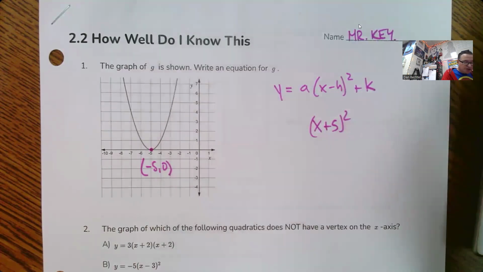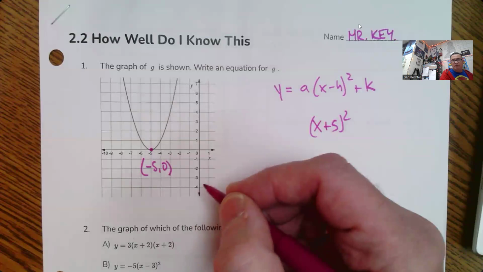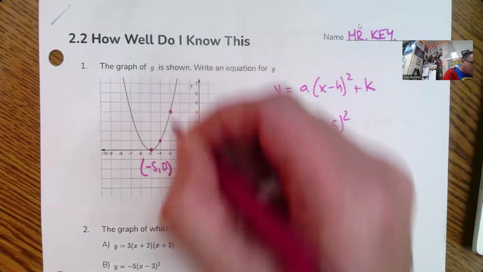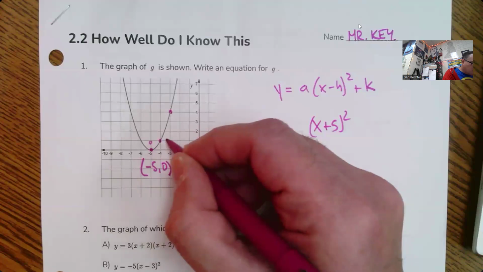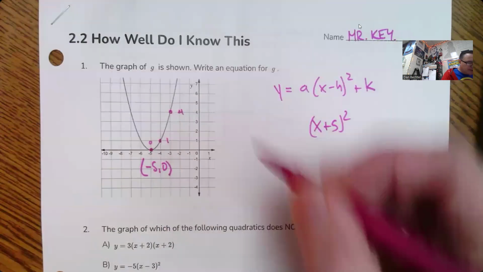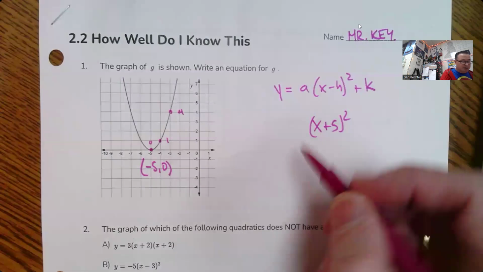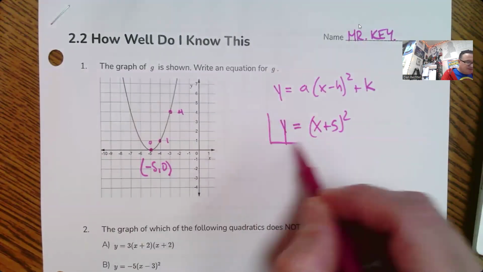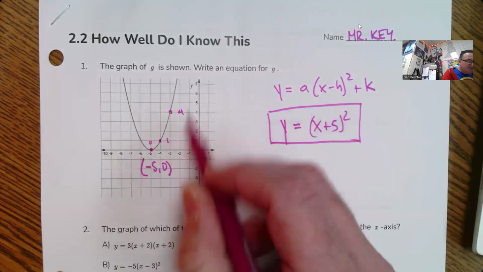And then I could look to see where these things are going to be going. But if you do remember, if I look at where these points are, if I've got a 0, a 1, and a 4, generally those tend to be the things where I'm not actually doing a multiplier. So y is equal to (x plus 5) quantity squared is fine because of our points.